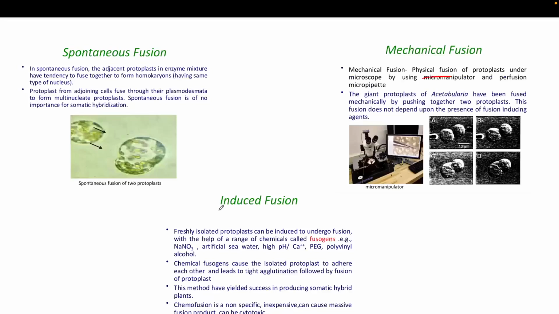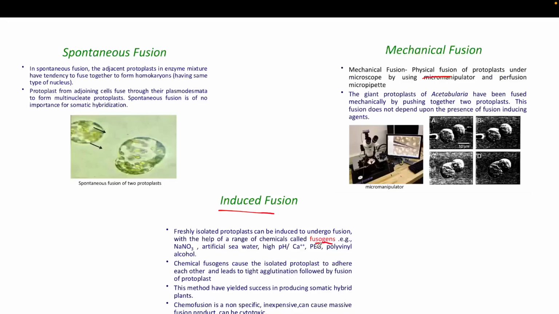And the third one, which is the most used fusion, is induced fusion. In induced fusion, we isolate the protoplasts and dip these two protoplasts into an inducing chemical solution. That chemical is called a fusogen, because it helps in the fusion of two protoplasts.